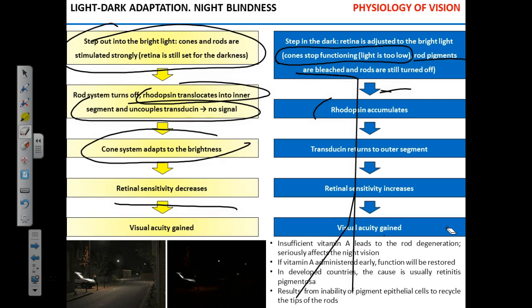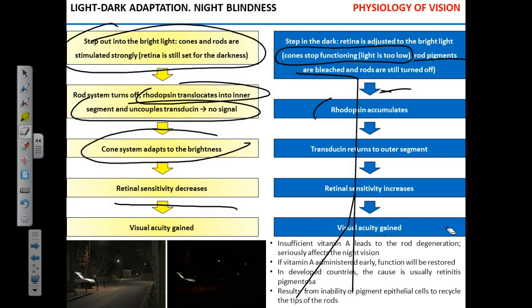Now, what can affect your night vision? Your night vision is dependent on rods, right? Cones have no role in it. Does that make sense?